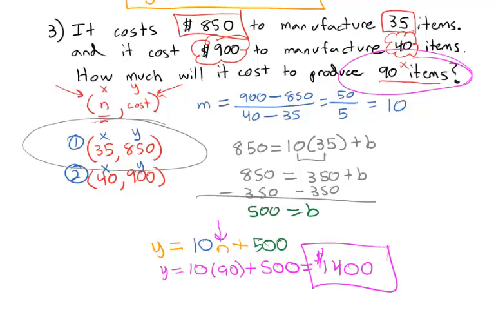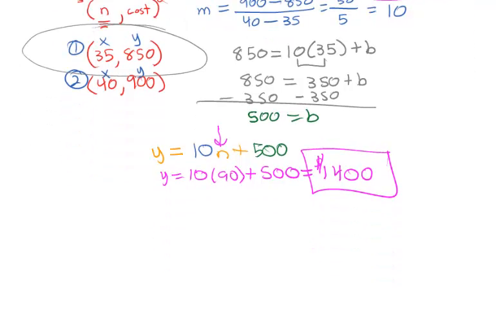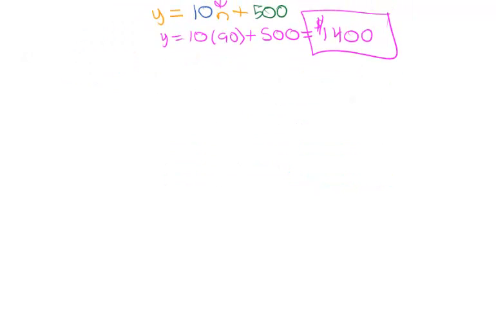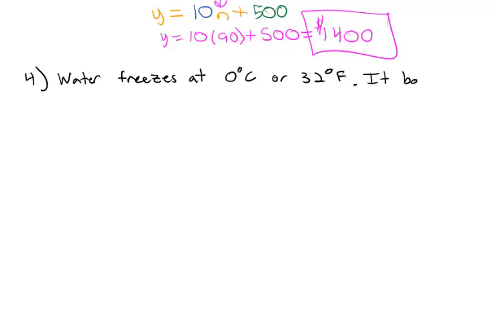Let's do another example. Very similar to this one. Number 4. This is an interesting problem to look at. Water freezes at 0 degrees Celsius or 32 degrees Fahrenheit. It boils at 100 degrees Celsius or 212 degrees Fahrenheit.